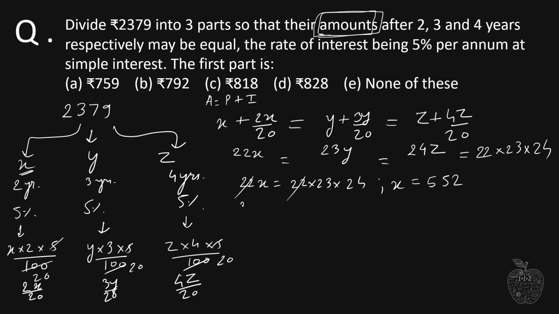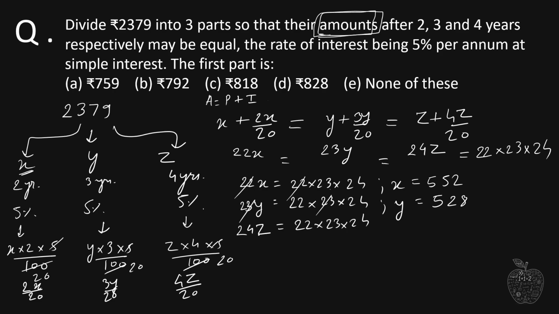Now 23y is equal to 22 into 23 into 24. 23 gets cancelled, so we get Y equals 22 into 24, which comes out to be 528. Similarly for Z, 24z is equal to 22 into 23 into 24. 24 gets cancelled, and we get Z equals 22 into 23, which is 506.